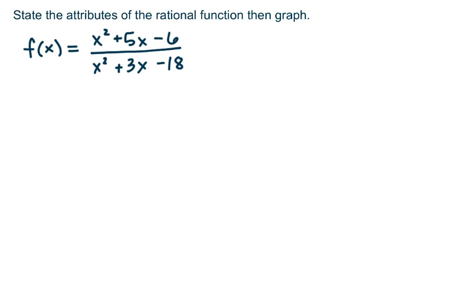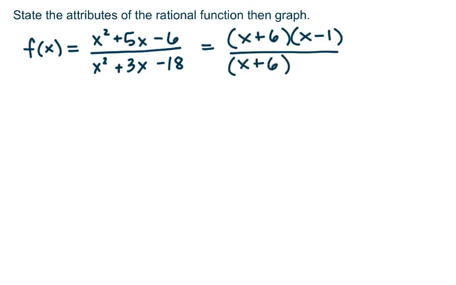You just want to feel comfortable listing or knowing all of these attributes when you look at the function. So I'm going to factor both my numerator and my denominator. My numerator factors to x plus 6, x minus 1, and my denominator factors to x plus 6, x minus 3.